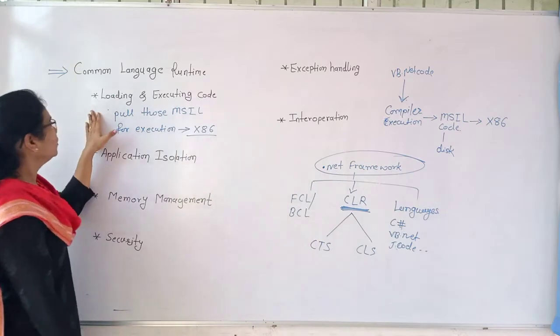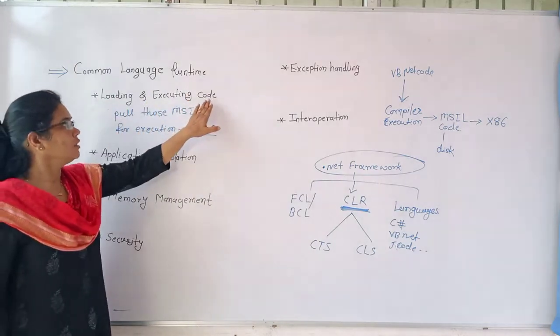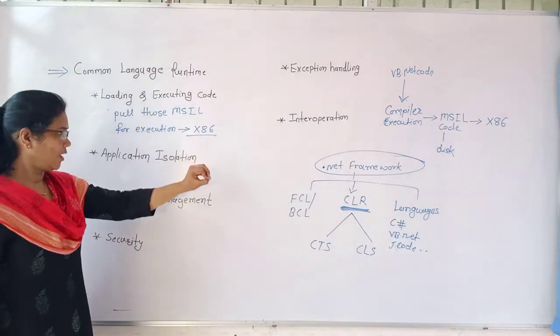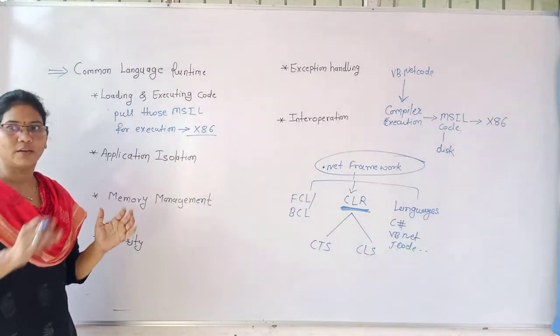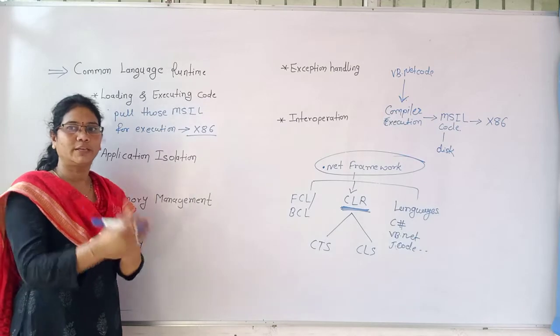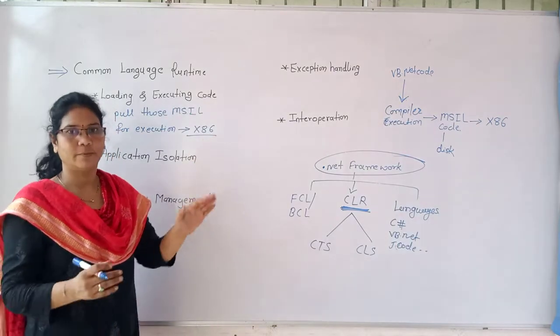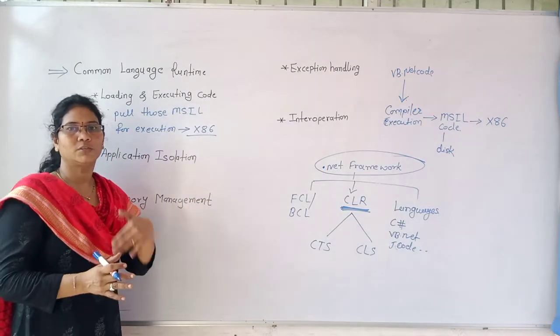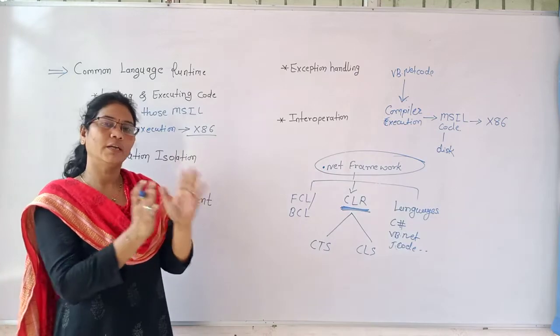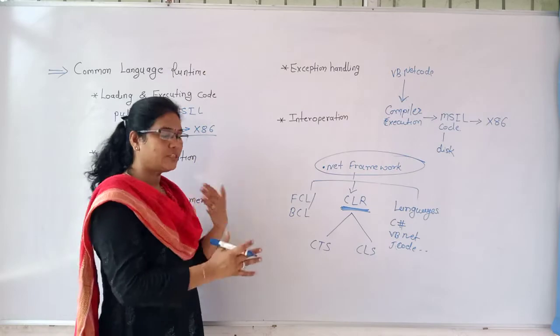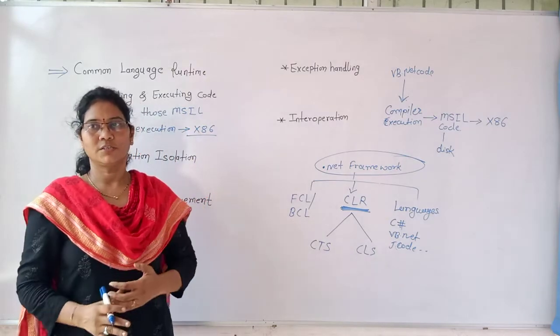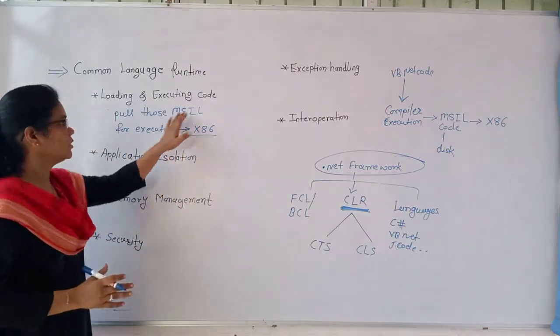So loading and executing code pulls the MSIL code and converts it into native x86, that means processor code, alternatively called machine language or instruction set, which is understood by the processor only.